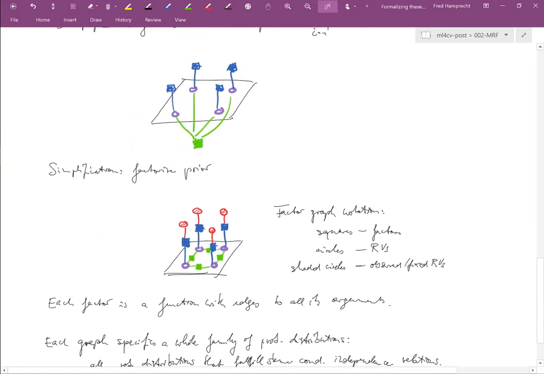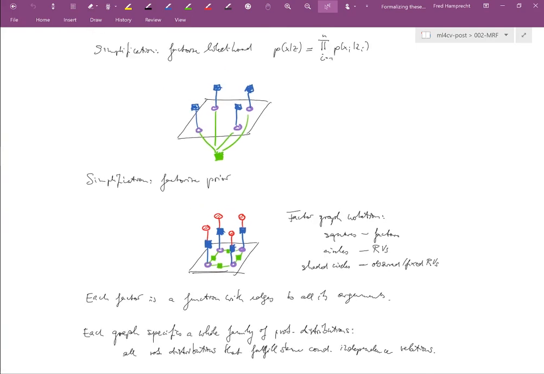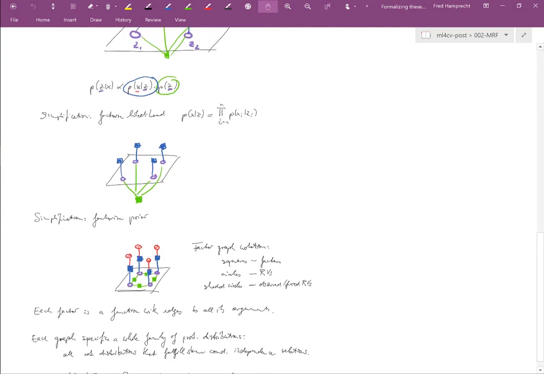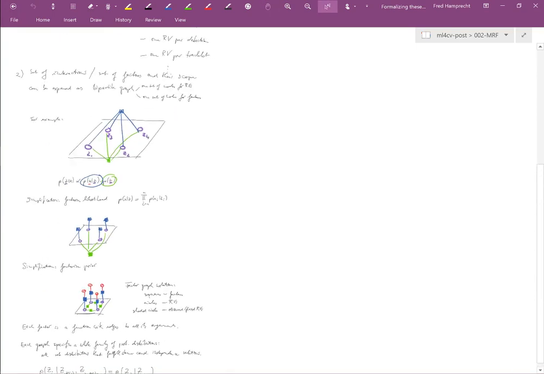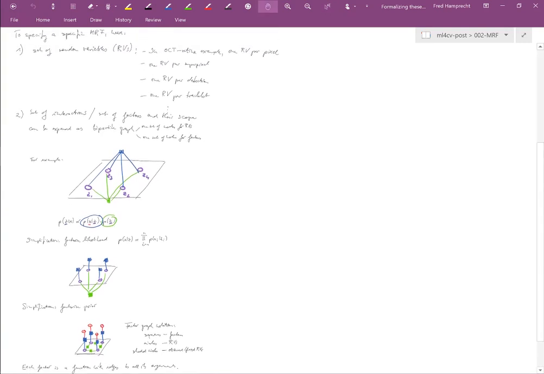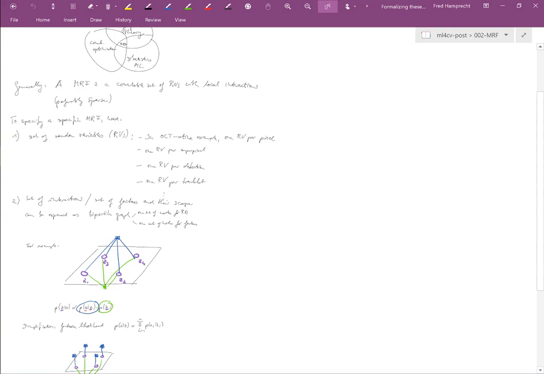Whereas if the graph has loops, like this one, then it is in general an NP-hard problem, except in certain special cases that I will enumerate a week from now. So this is why these kinds of plots are a convenient language to summarize the structure of a model or the structure of an assumption.